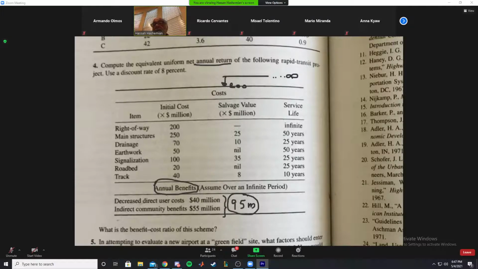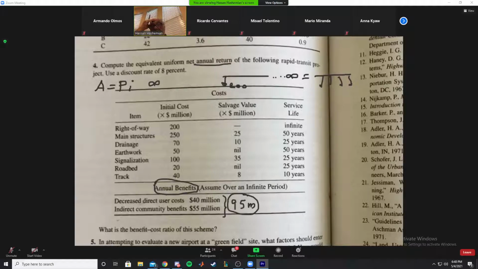So how do I make that into this diagram, which is all annual, for an infinite number of years? When you have infinity, if you want to get the annual, you have to multiply your present amount by your interest rate. That's when you have an infinite number of periods.